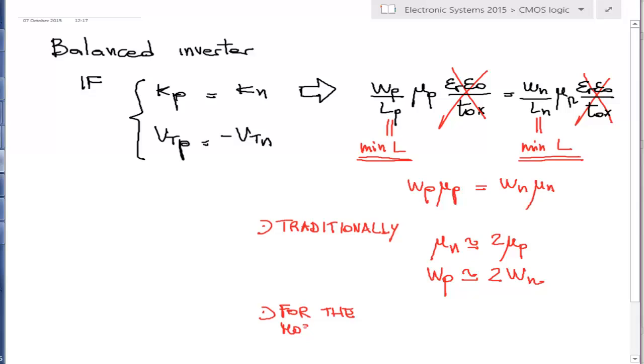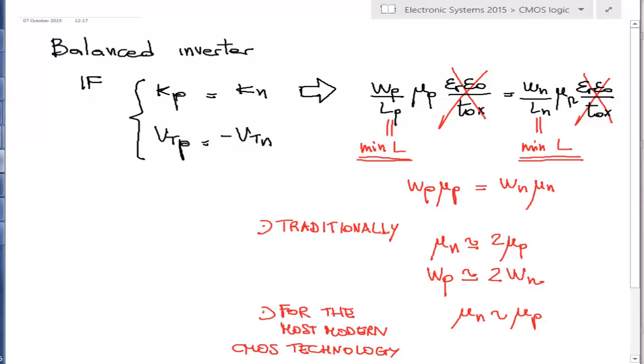For the most modern CMOS technology, actually things have changed. Basically you have more or less the same mobility for electrons and holes.